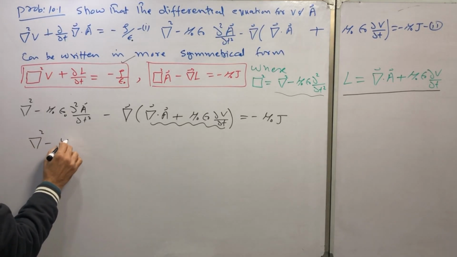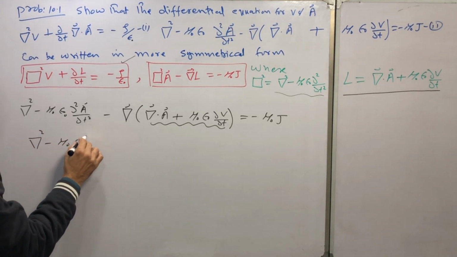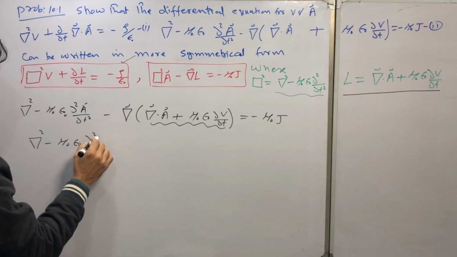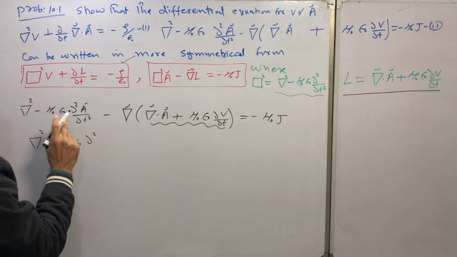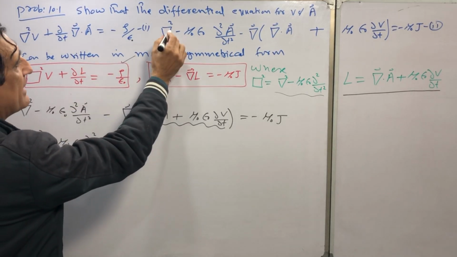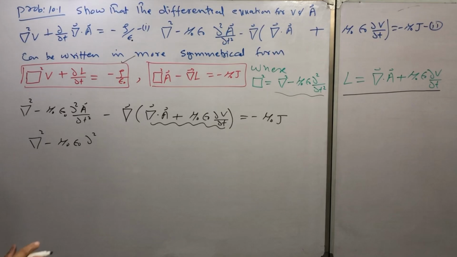del square minus mu naught epsilon naught partial square, we must have partial square A here.